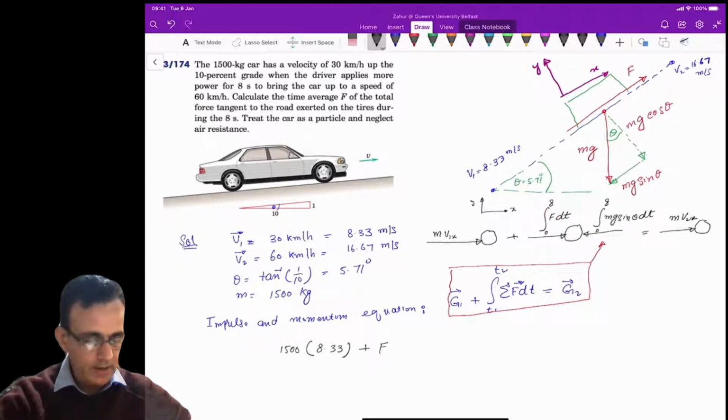If you integrate this constant force with respect to time, you can take this F outside because it's a constant force. Then in the bracket, it will be just 8 minus 0. And then again, you will have mg sine theta. m is given, but in this case, because it's in the negative direction, you will have to subtract this force.